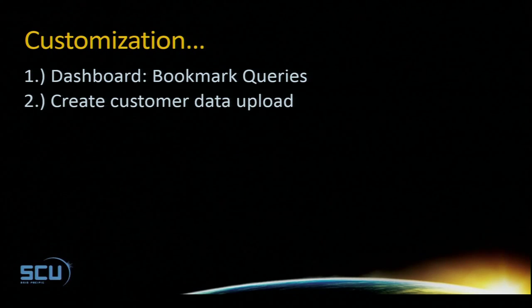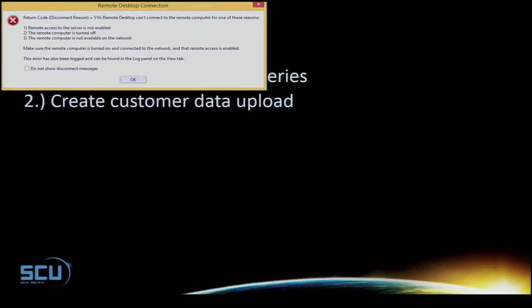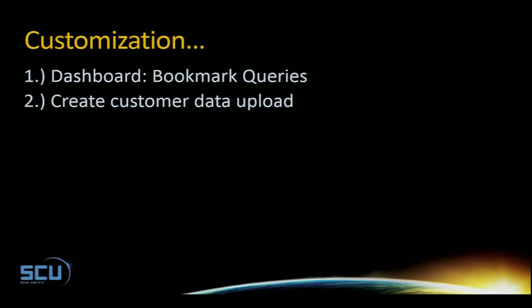Okay, I mentioned already 2 ways to customize it, and I'll focus on the second one now. Whoops, lost one of my systems, okay. So we create a custom data upload here.